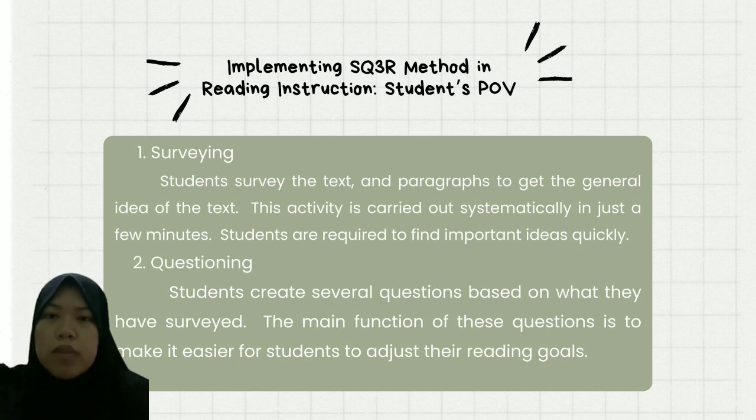By conducting surveying, students can identify the essence of a text or paragraph without needing to read every word or detail. This is an effective strategy for helping students develop speed reading skills and a strong initial understanding of reading materials.